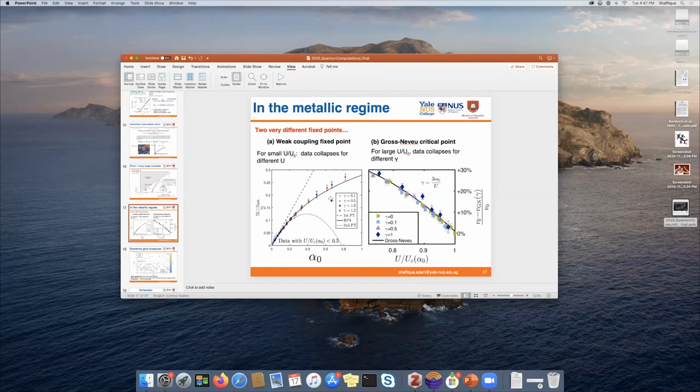Is there a reason why RPA works best? I guess it's a testament to RPA. There's no a priori reason why RPA should agree with quantum Monte Carlo. Quantum Monte Carlo is numerically exact in some sense. RPA has this property where at every order of perturbation theory, it picks up the most divergent diagrams.